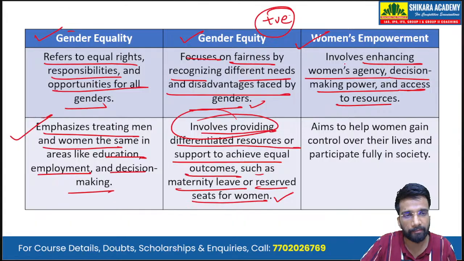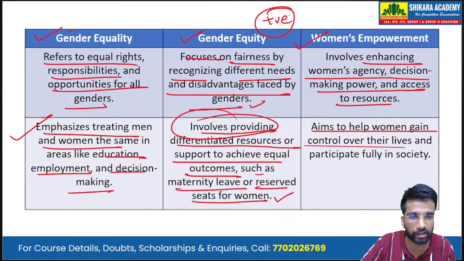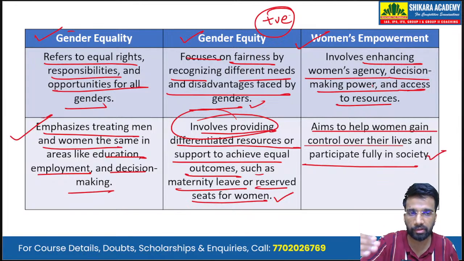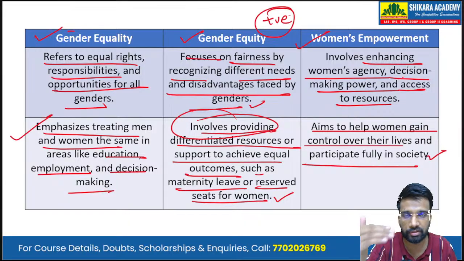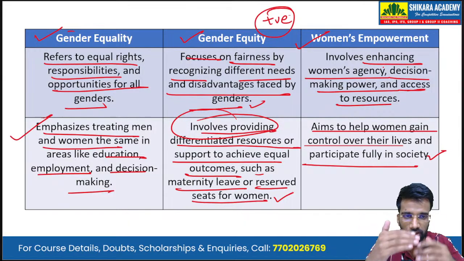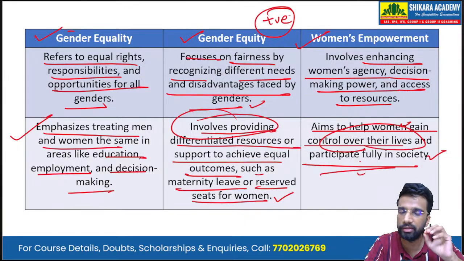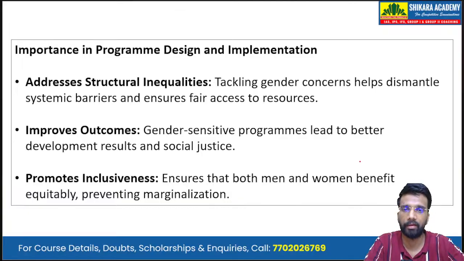Then women's empowerment aims to help women gain control over their lives and participate fully in the society by enhancing the women's decision-making power and her access to resources. What we are ultimately aiming at is to help women gain control over their lives and participate fully in society.